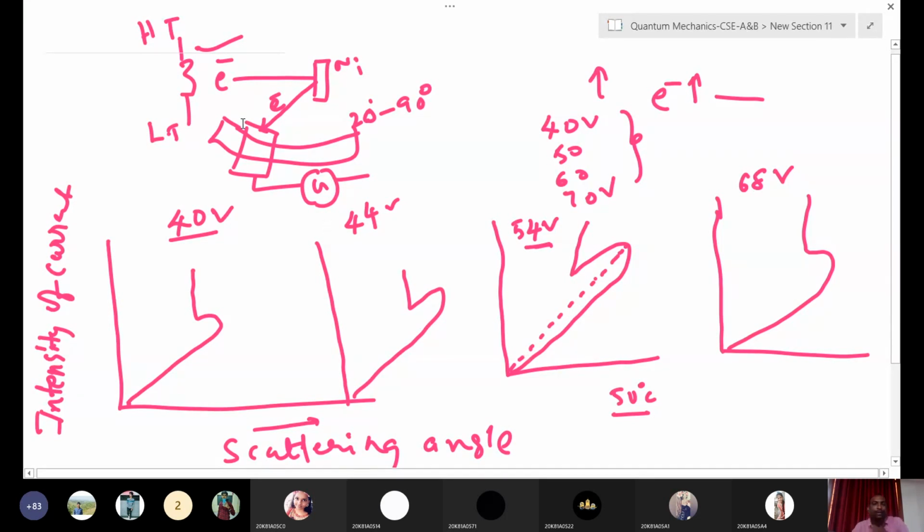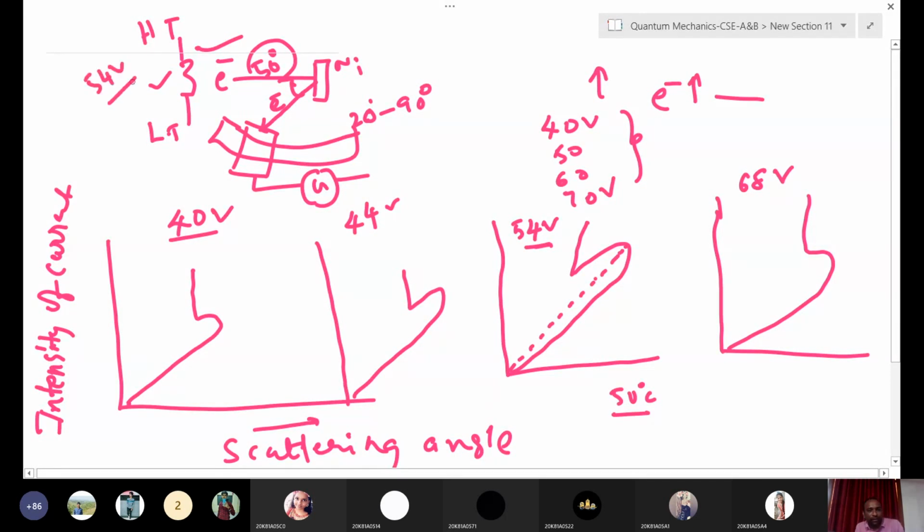See in the first diagram, here we are increasing the filament voltage, so more electrons eject and more electrons reach the nickel target. After that, they scatter in different directions. But at 50 degrees, this theta, the angle between the incident rays and scattered rays, we are getting the maximum intensity at 54 volts.